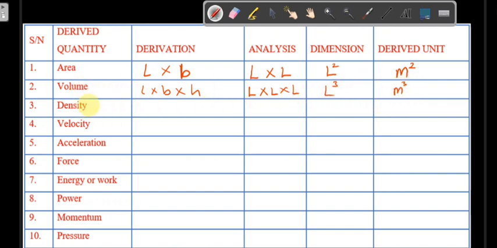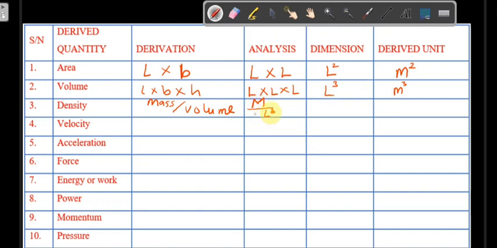Then we have density. Density is mass divided by volume. Mass is M, capital letter M, and we already know that the dimension of volume is L cubed.